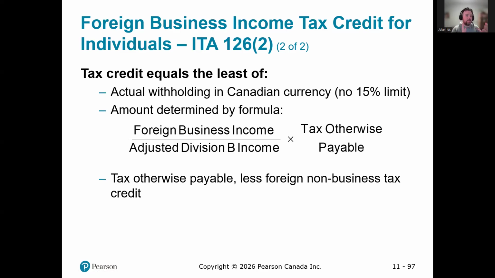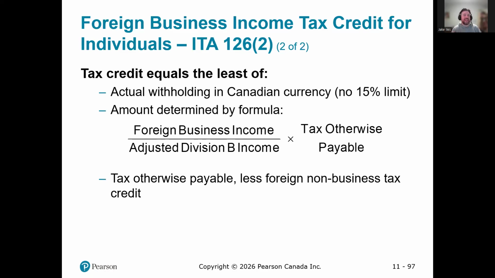If it's a foreign business income, any amount paid in taxes is allowed to be considered as part of the options. There's no 15% limit, but we still do the calculation. What portion of our adjusted Division B income is related to that foreign business? And that percentage tells us how much of the taxes would have been paid for that foreign income.